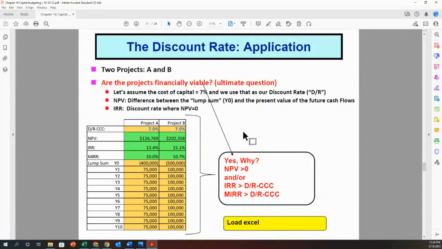I'm going to ask you many times. If the net present value is greater than 0, the project's viable. If the internal rate of return, or the MIRR, is greater than the discount rate, so the 13.4 is greater than the 7, the 15.1 is greater than the 7, the project's viable.